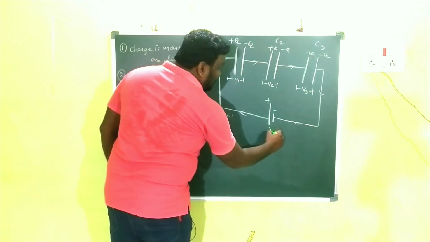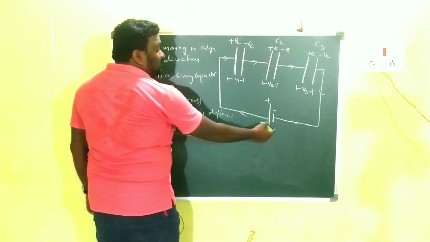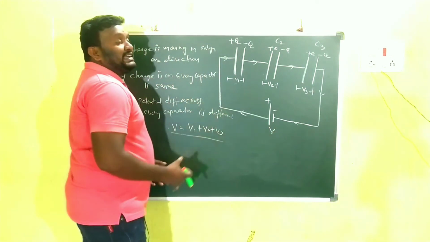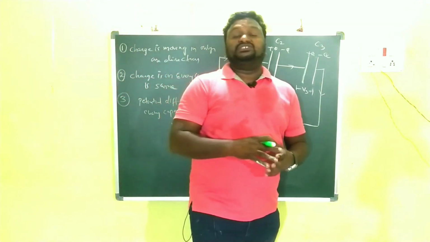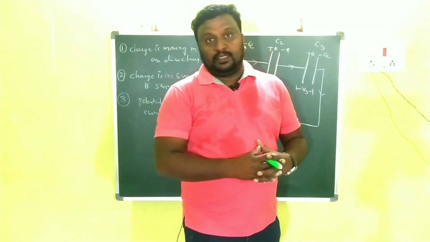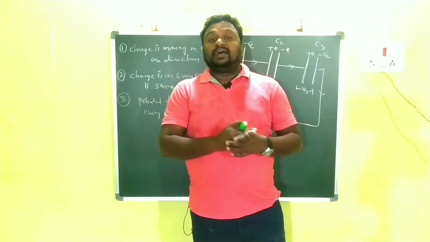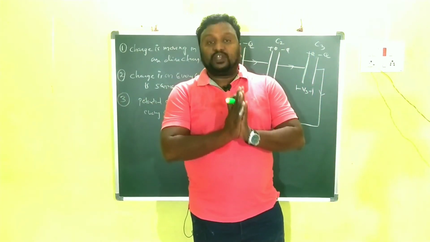And what is V? V is the effective potential, the potential of the battery. The potential that we are supplying should be taken as the equivalent potential or resultant potential. Clear? The potential that we are supplying to the capacitors, that is what we call effective potential.